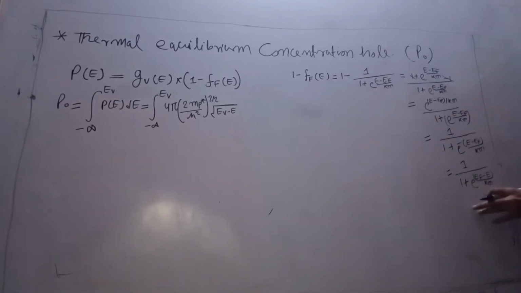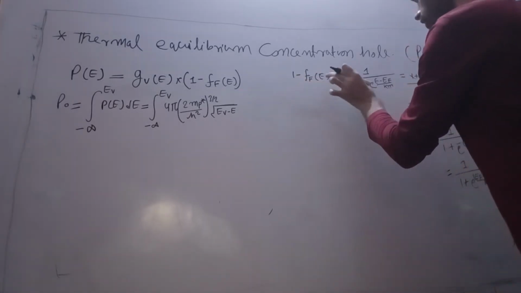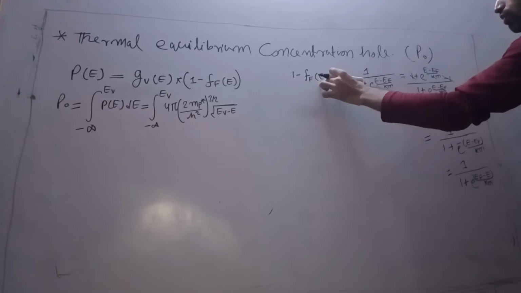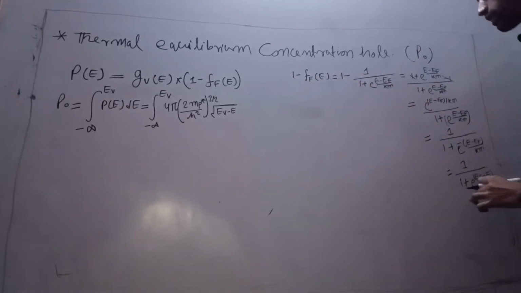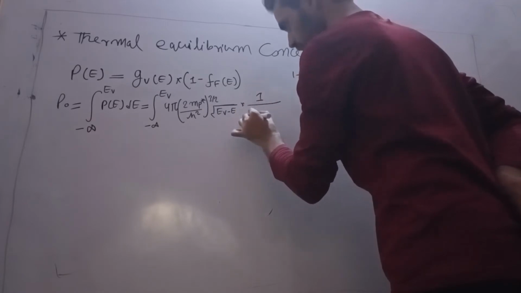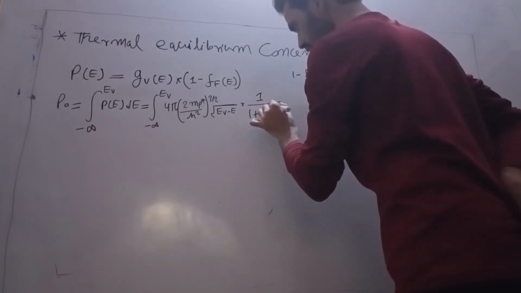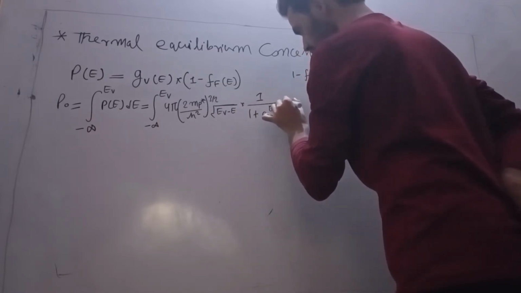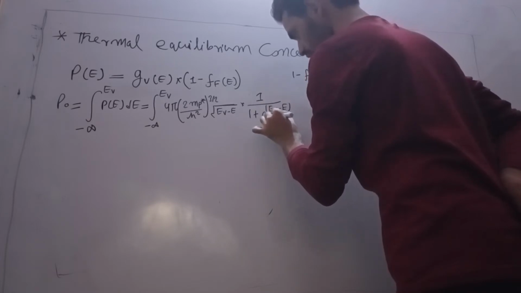So see here what we get for this: 1 minus f of E is nothing but 1 by 1 plus e to the power EF minus E by kT.